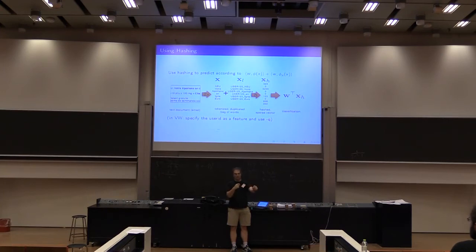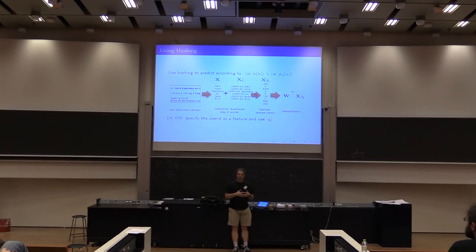One which is the global feature, and one of which is the per user feature. So this is some words. You can think about appending the user ID to the word, and then computing a hash, as well as keeping the original features, and then you just compute your normal dot product.